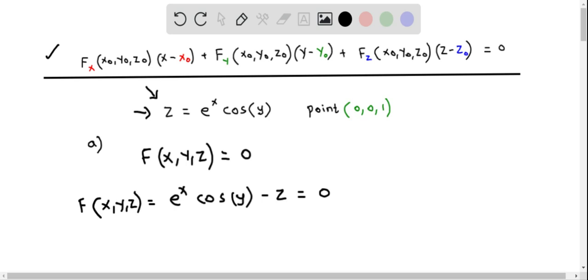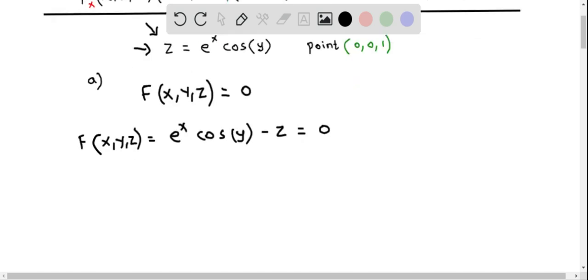And so we find the partial derivative of f with respect to x, with respect to y, as well as with respect to z, and evaluate at the point (0, 0, 1). So first I'm going to differentiate this partially with respect to x. So I write fx, and this equals, when we differentiate partially with respect to x, we treat the variables y and z as constant.